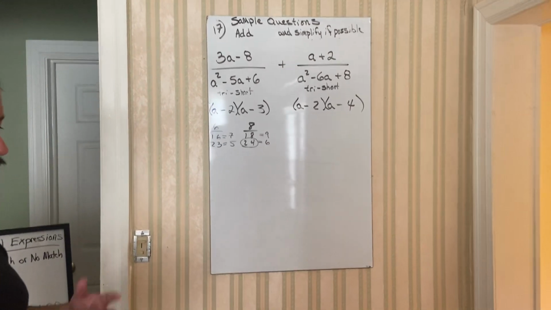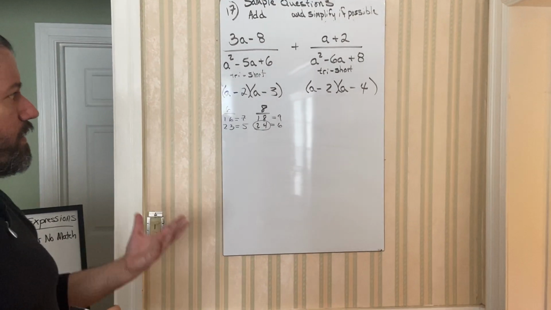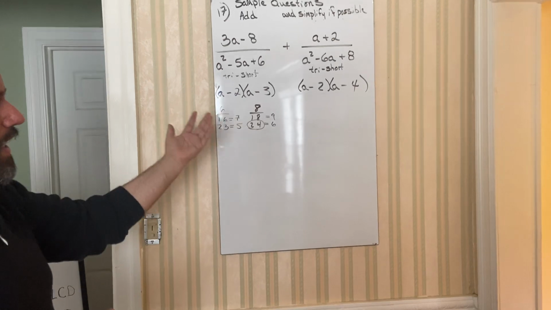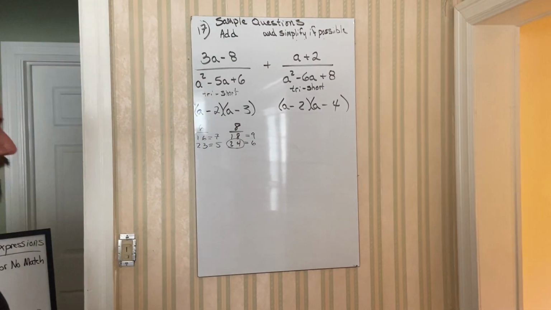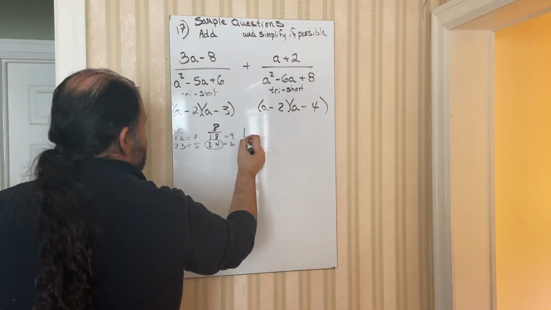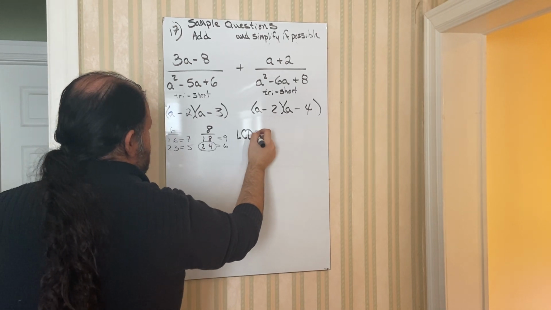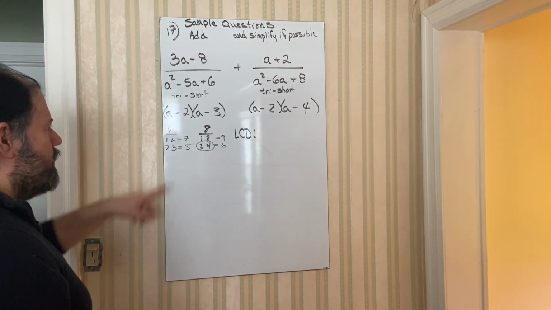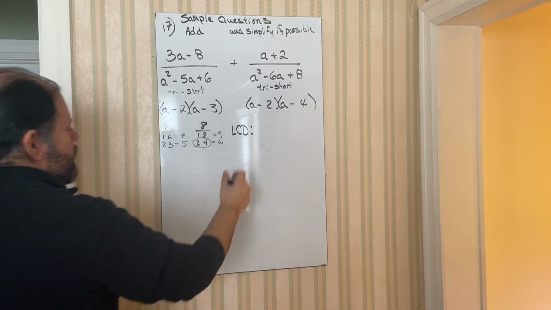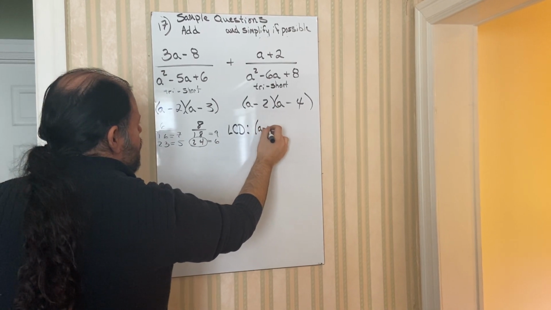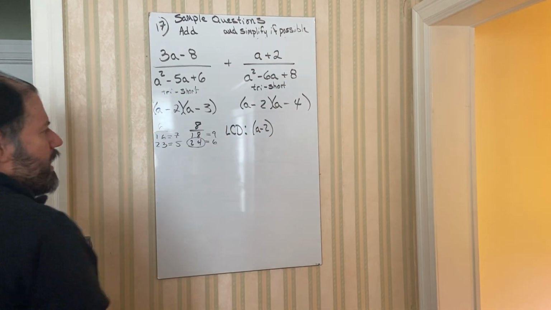So we're done factoring the denominators. Notice we got some factors that are the same and some factors that are different. So we definitely need to figure out what factors should go in my LCD list. Do I have a binomial a minus 2? No. Do I have a binomial a minus 3?